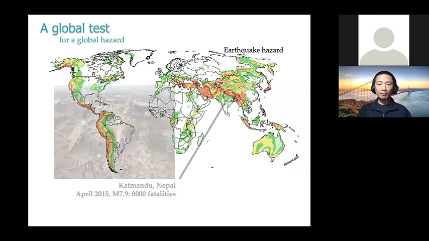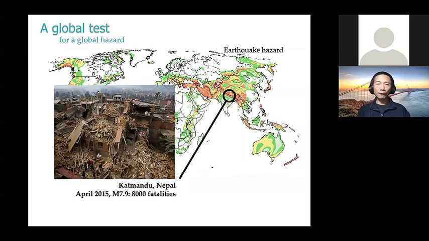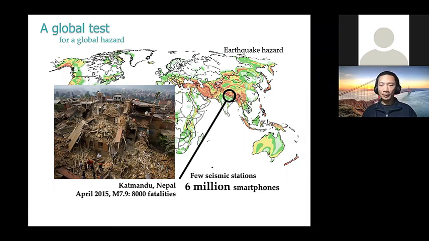For example, the magnitude 7.9 earthquake in 2015 in Nepal caused about 8,000 fatalities, but Nepal only has a few seismic stations, while there are about 6 million smartphones.